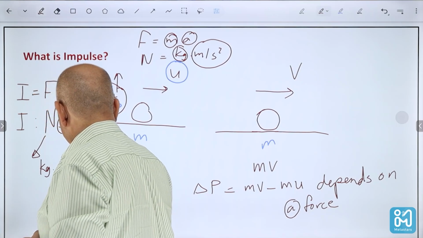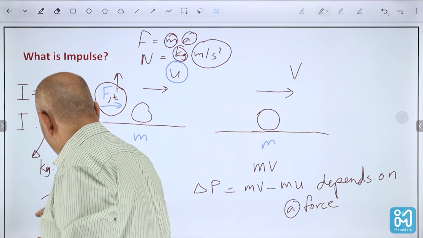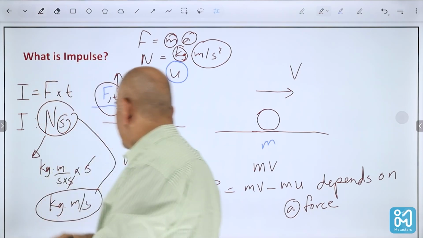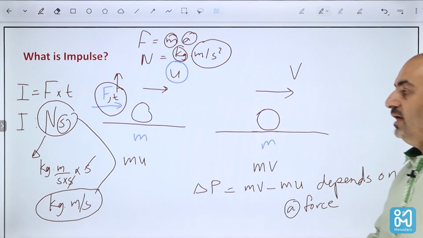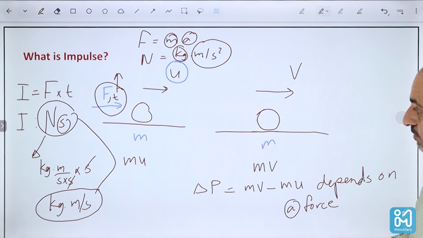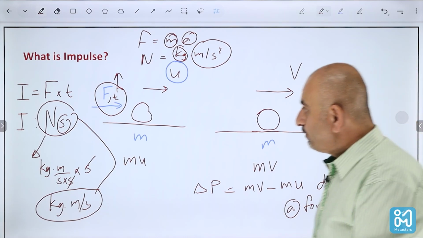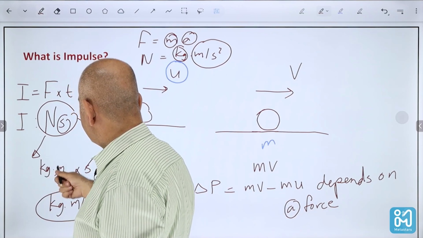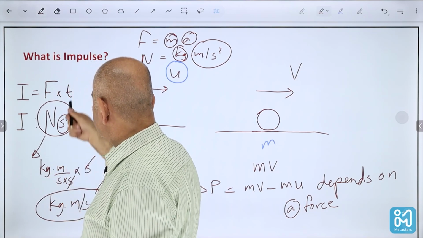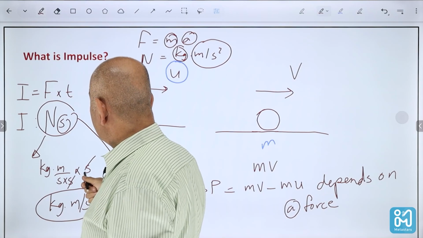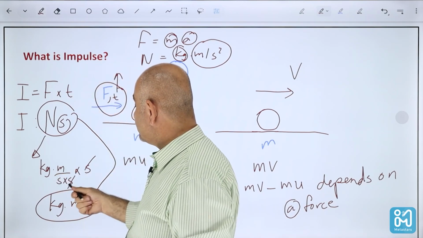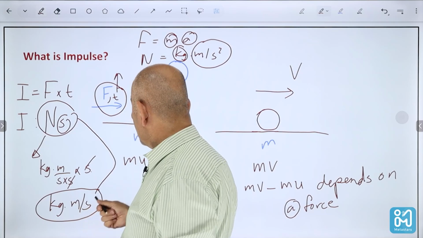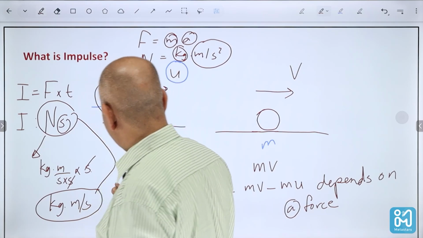Kilogram meter per second. I'm doing this just to tell you that Newton seconds is the same unit as kilogram meter per second, right? Because Newton is mass times acceleration, which is kilogram meter per second squared, and time is second. When you multiply kilogram meter per second squared times second, you will obtain kilogram meter per second, which is the same unit as momentum.